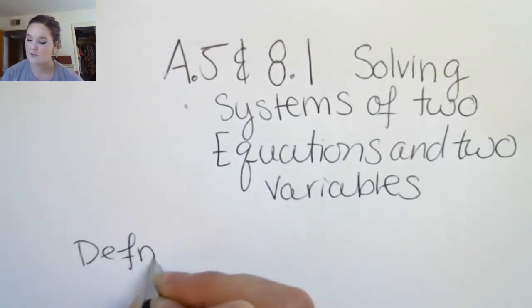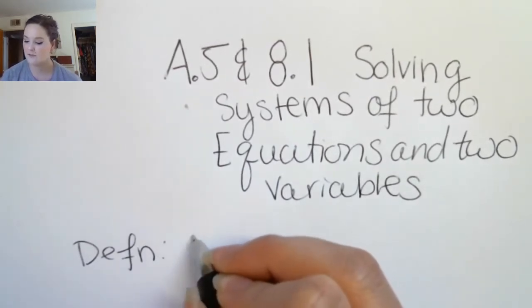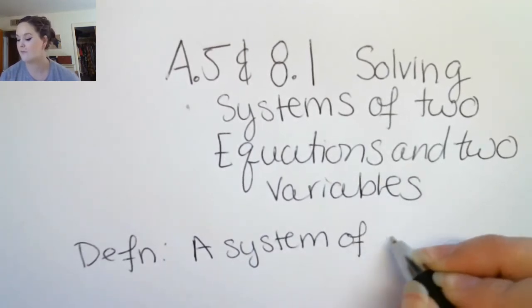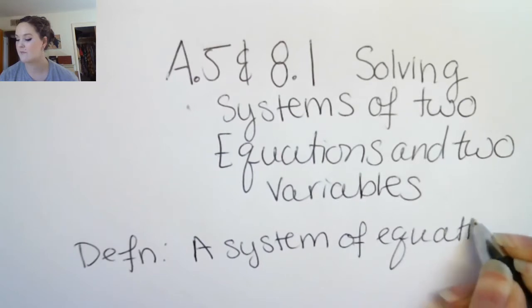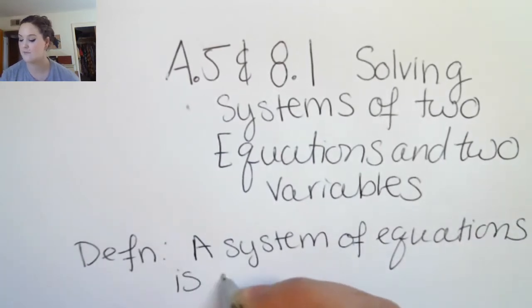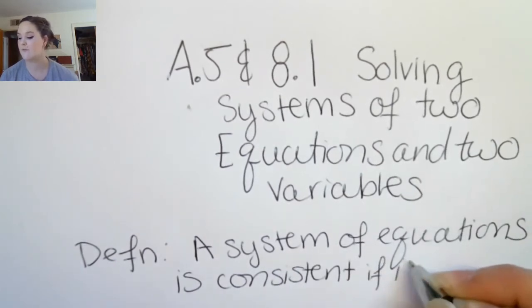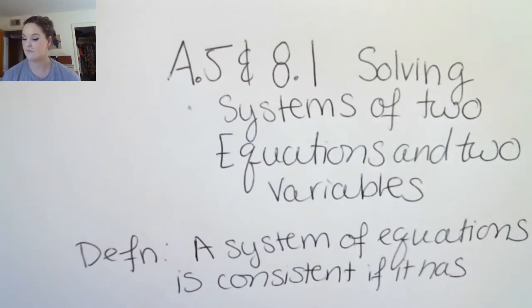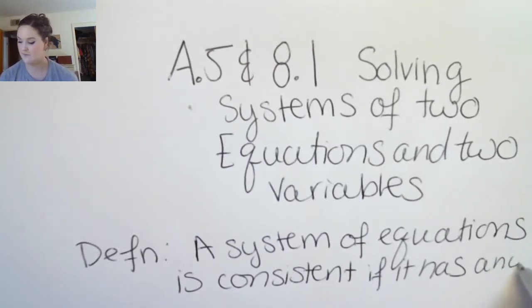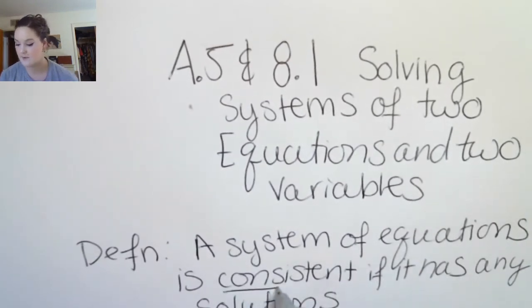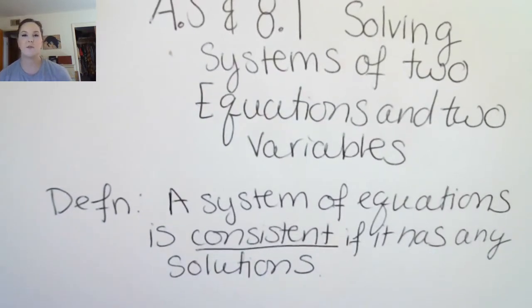Okay, so the first thing we're going to talk about is consistent and inconsistent. Okay, so if a system of equations has solutions, if it has one solution or if it has many solutions, we say that it's consistent.